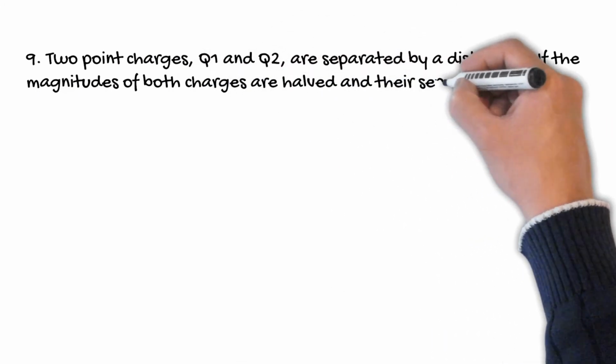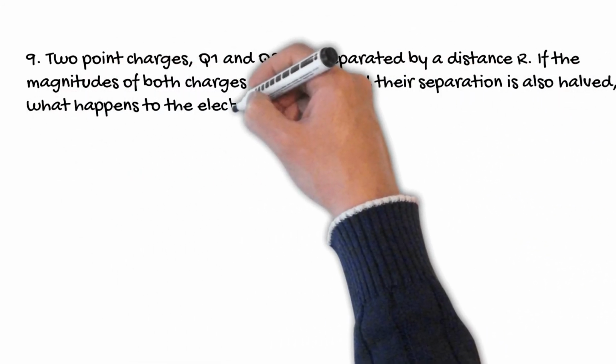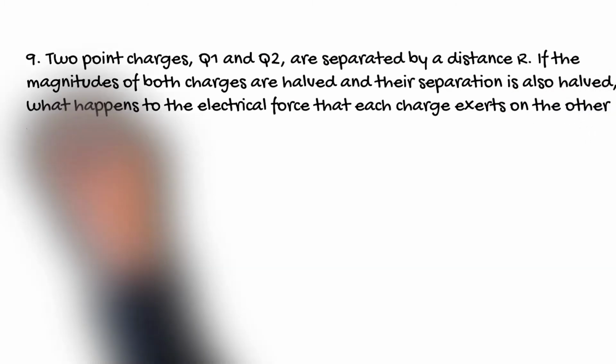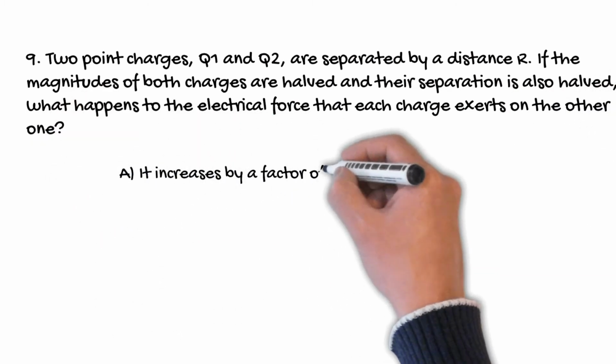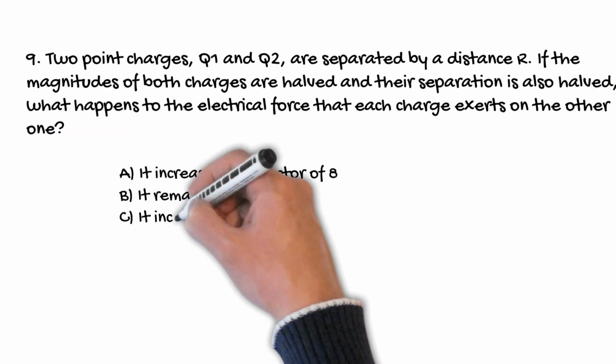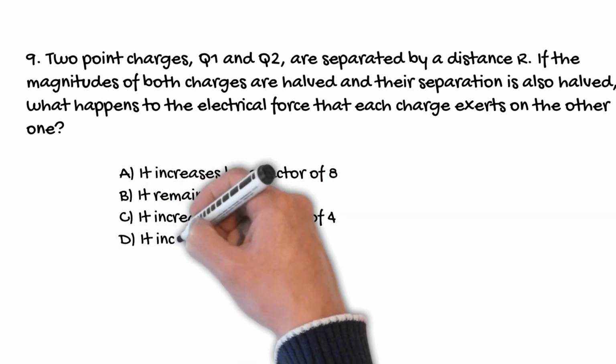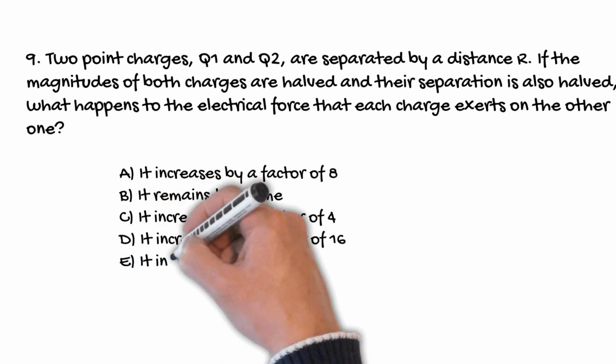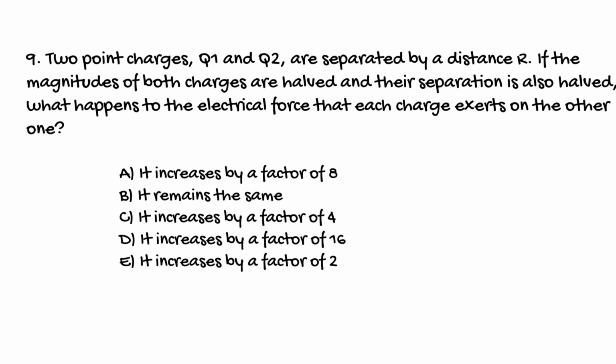Number 9. So you have 2 point charges Q1 and Q2 separated by a distance r. The magnitude of both the charges are made half, and their separation is also made half. What happens to the electric force? When you make both the charges half, the force between them becomes 1/4.